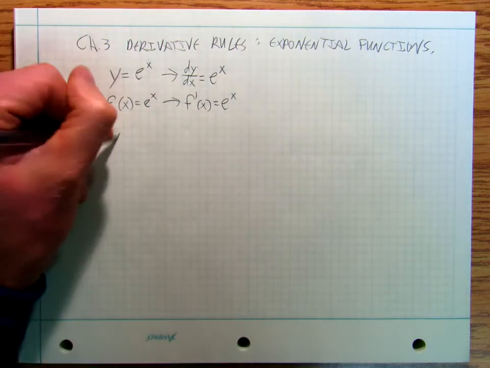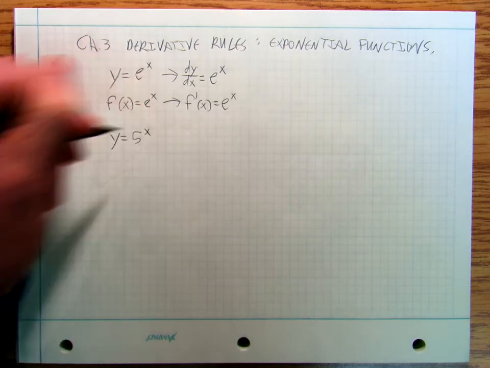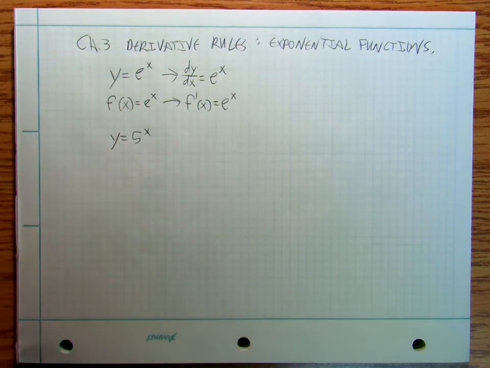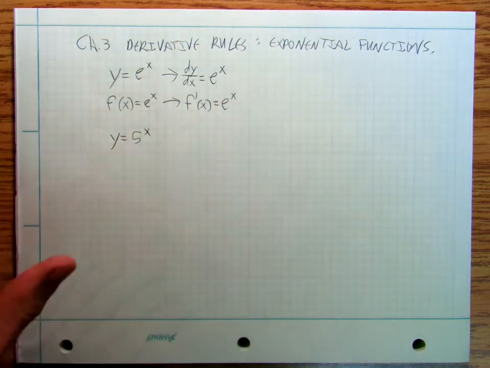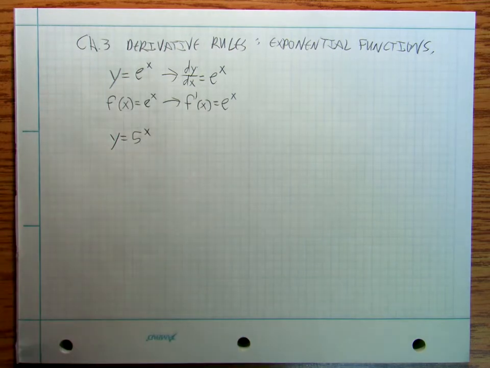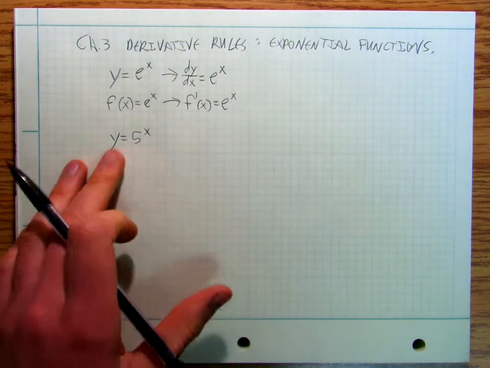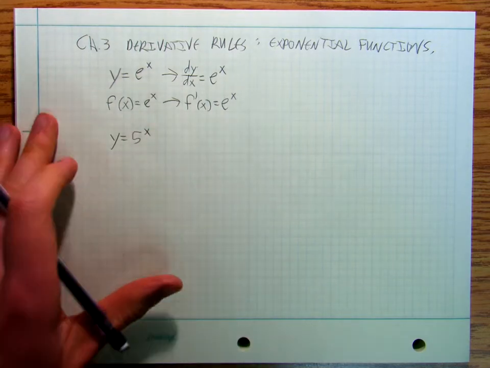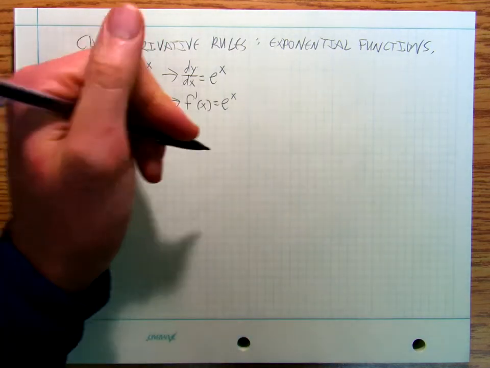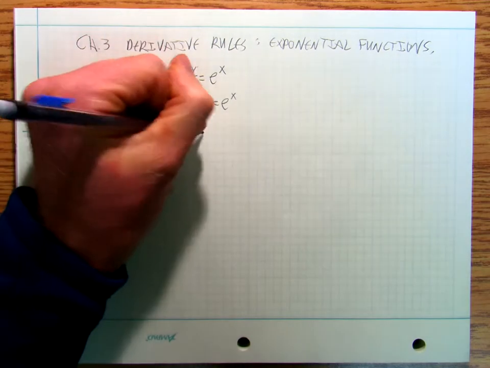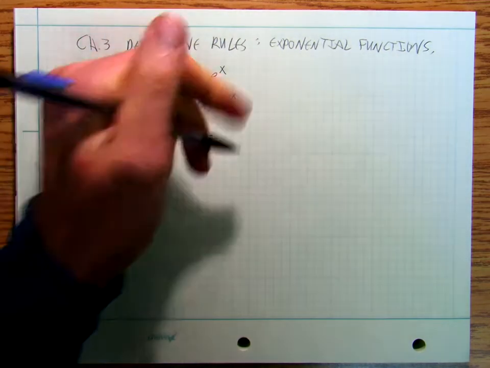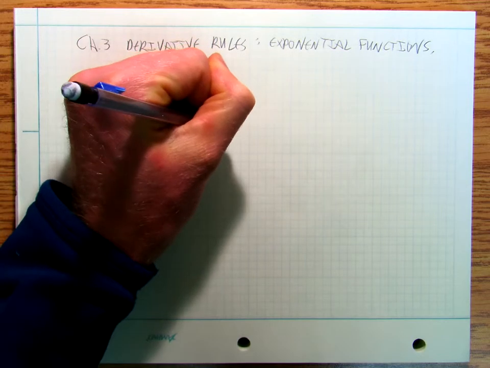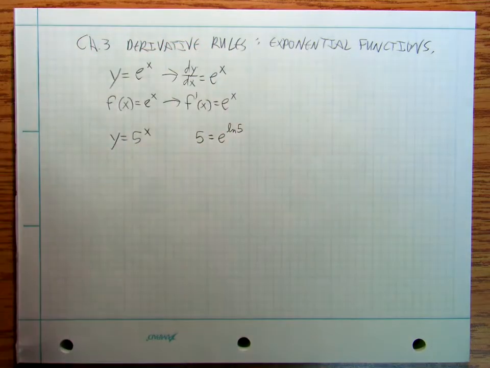Okay, so then how about y equals 5 to the x? Now, way back in one of my earlier videos, when I was talking about exponential functions and log functions, and this is something you should have gotten in pre-calculus, I said that I can write 5 as e to the ln 5.